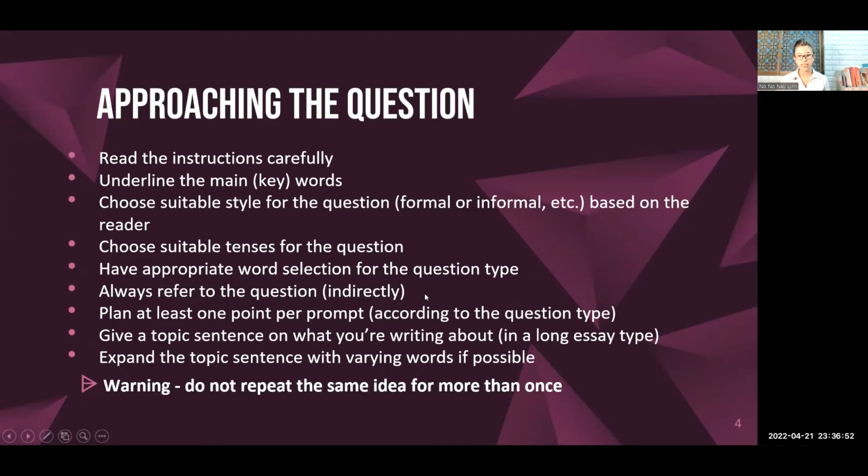So indirectly means that in some cases, you have to include the words in the question, because this is what you're supposed to be doing.